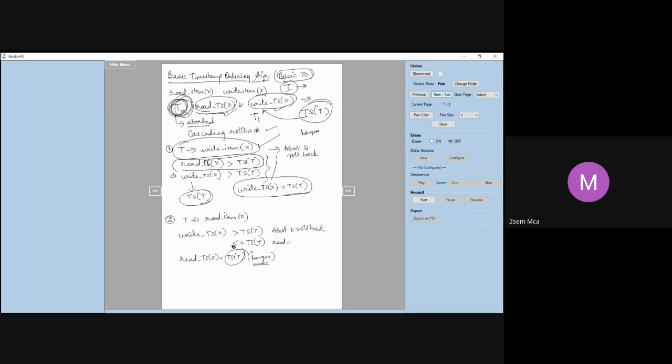So if this is greater than the timestamp of T, that means some younger transaction has already made a recent update. So there is no point in doing this, and you have to abort it. Are you getting what I'm trying to say?